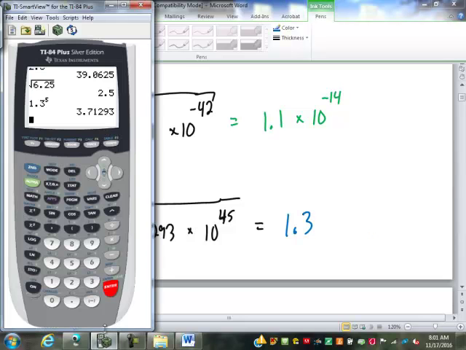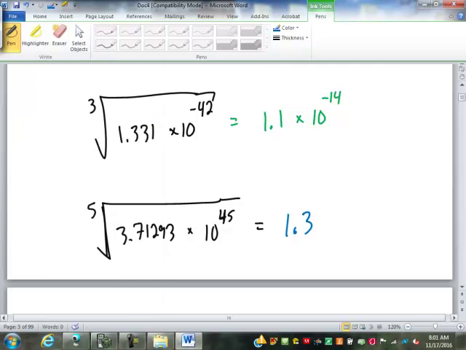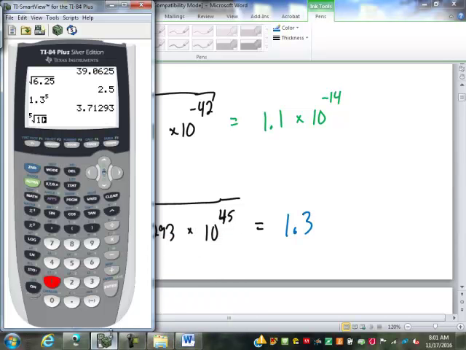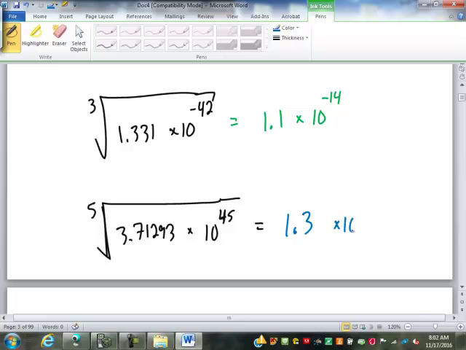On your calculator, you'll enter 5, then you'll have to do fifth root. Usually it's above the caret key or the power key. I have to go into a math menu on my calculator to do it. So that's fifth root of 3.71293. Hit enter and I get 1.3. So 1.3 times 10 to the 9th. 45 divided by 5 is 9.